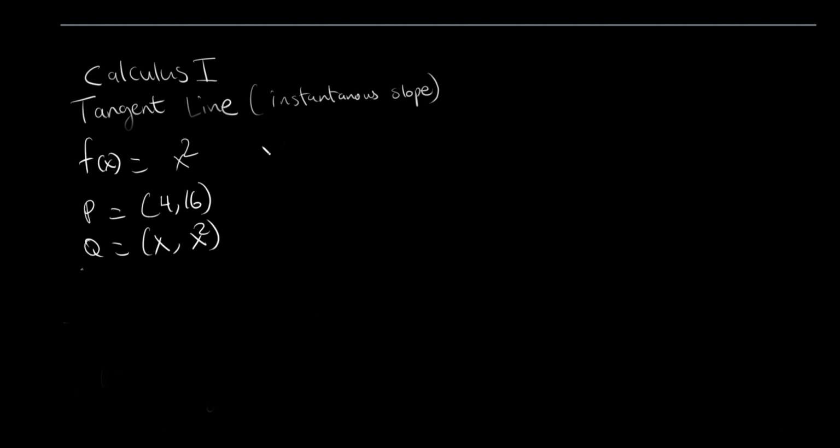Okay, the first thing I'm going to do is write the function for my slope, just to remind myself what I'm doing. So this is my function to find my slope. What I'm basically doing is taking my x approaching 4.